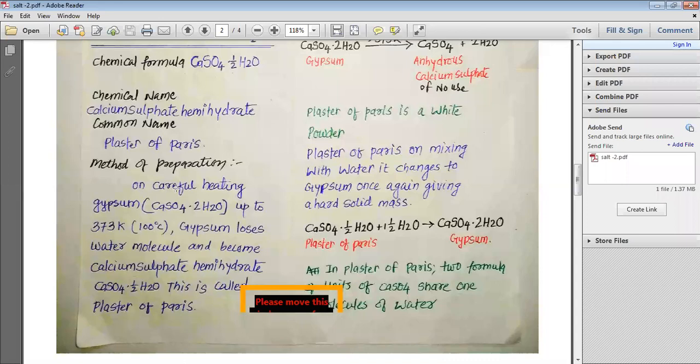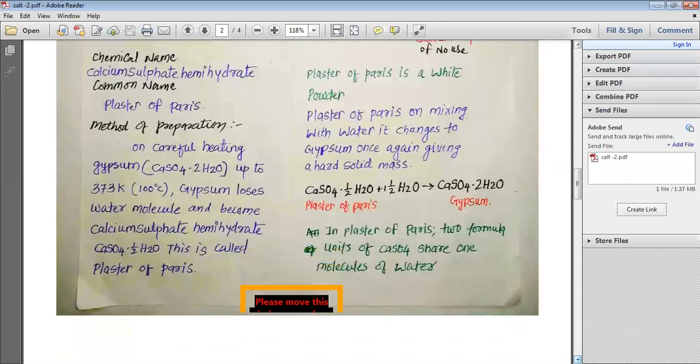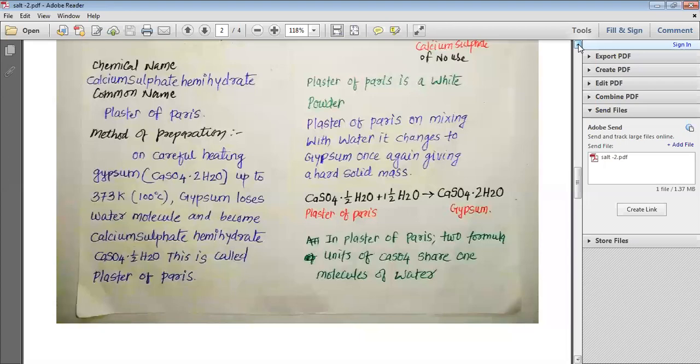On careful heating of gypsum, CaSO4 into 2H2O, up to 373 Kelvin or 100 degree centigrade temperature, gypsum loses water molecules and becomes calcium sulfate hemihydrate, CaSO4 into half H2O. This is what is called the plaster of Paris, my dear students.